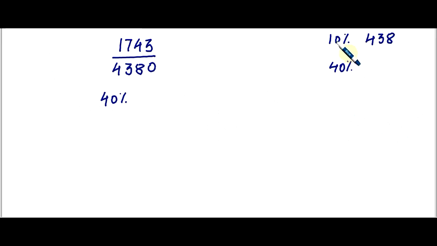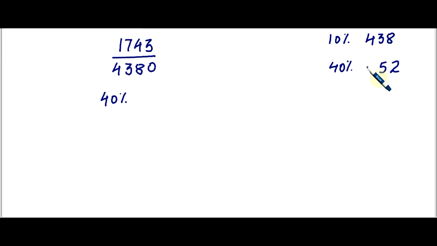So let's calculate 40% of 4380. I'm so sorry, I'm not doubling it, I had to multiply it by 4. Now, 8 4s are 32, carry is 3. 4 3s are 12, and 3 is 15, carry is 1.